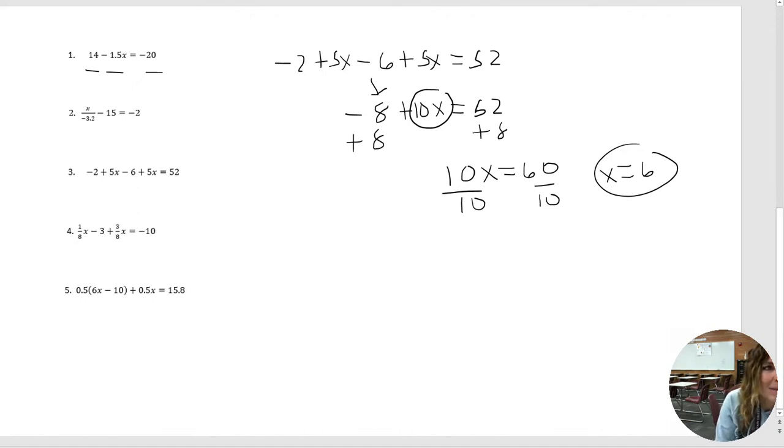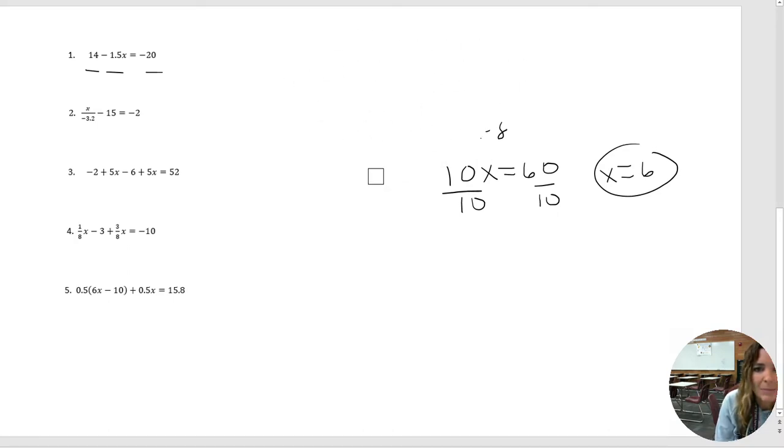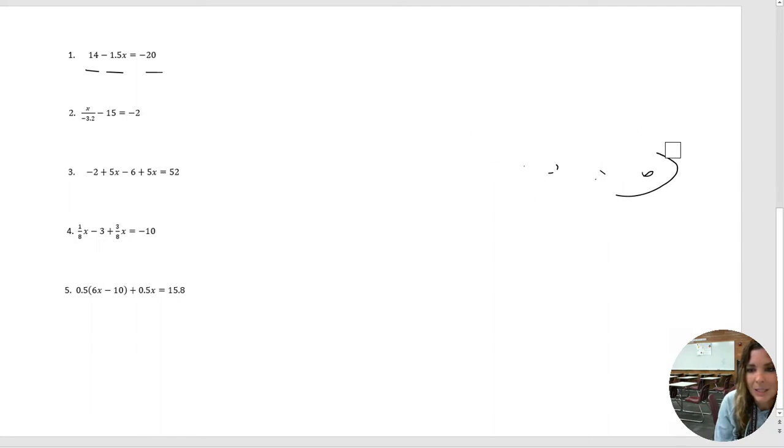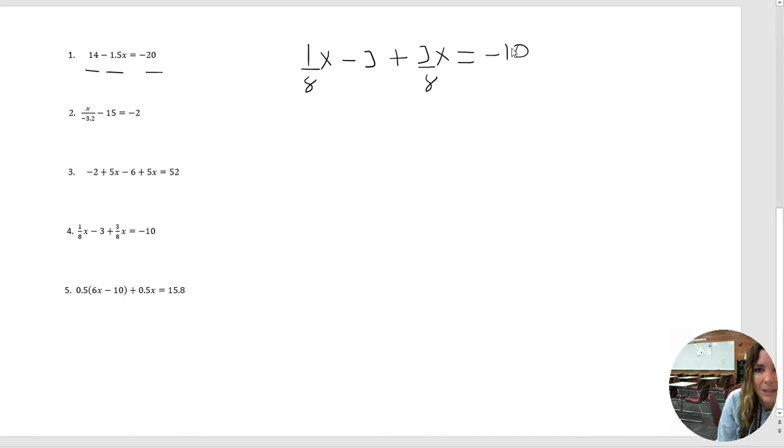Okay, next one. We also need to simplify this one before we can solve. We have some fraction coefficients here, but that doesn't matter. We can just go ahead and use the calculator. When you add like terms together, you just add the coefficients and then you keep the variables the same. So the 1/8 x is going to get combined with the 3/8 x because they both have an x to the first power.